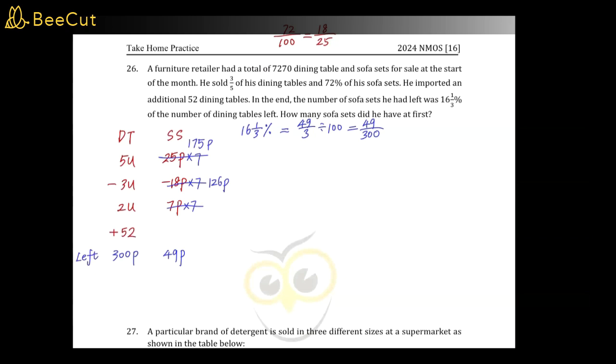Then we can get from here. So for the number of dining tables, 2u plus 52 equals 300p.